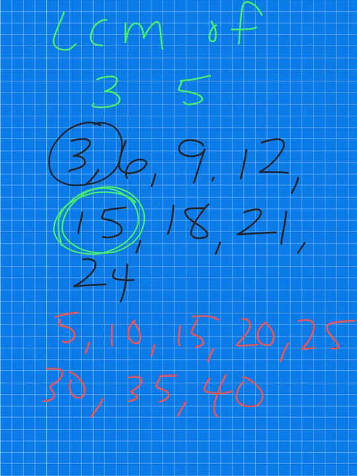If we continued and listed more multiples, we would have more common multiples. But for now, the only common multiple is 15, and so that is the lowest common multiple.